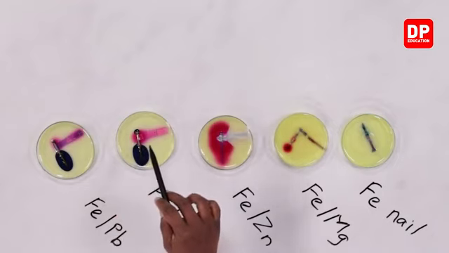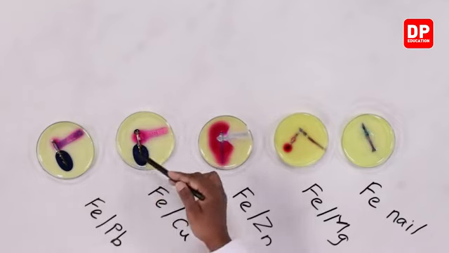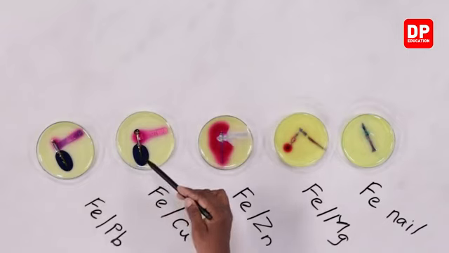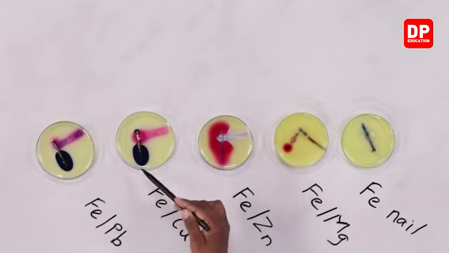That means OH- ions have formed there and that is the cathode. Whereas here near the iron nail you can nicely see the blue color region, that is due to the potassium ferricyanide reacting with ferrous ions. So that means iron has acted as the anode. So copper is the cathode, iron is the anode.